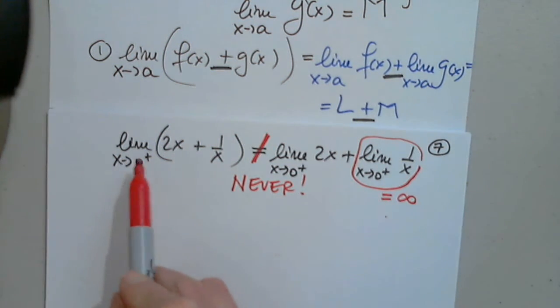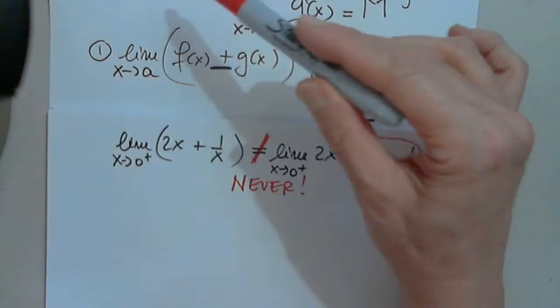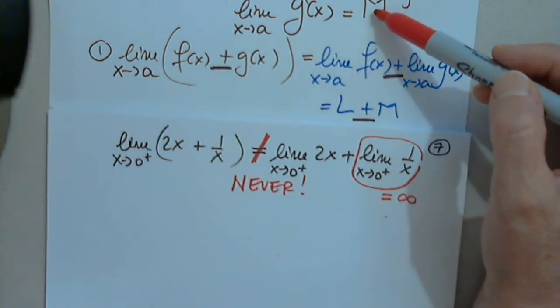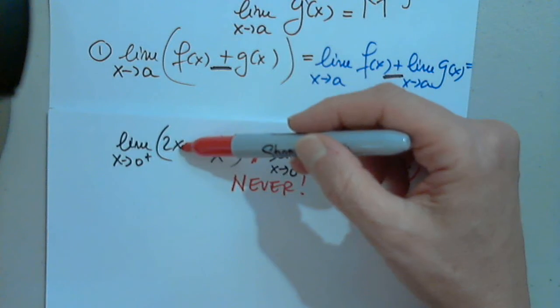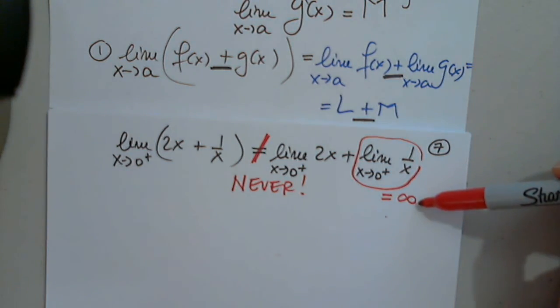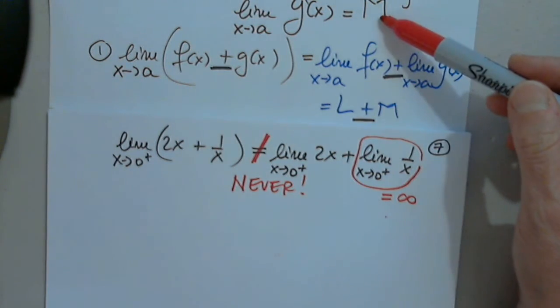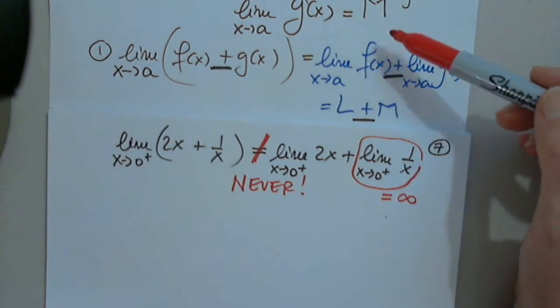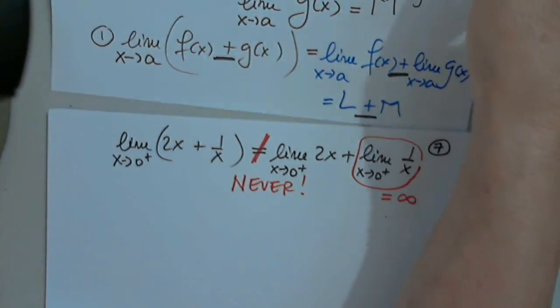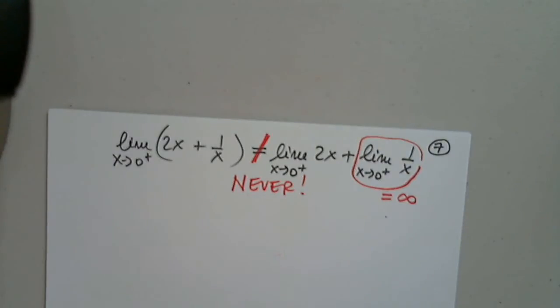So I cannot write limit of 2x plus limit of 1 over x and apply the law that we just saw, because the assumption is not fulfilled. This limit is 0, but this limit is infinity. And that's not allowed. Is this okay? Is that clear?